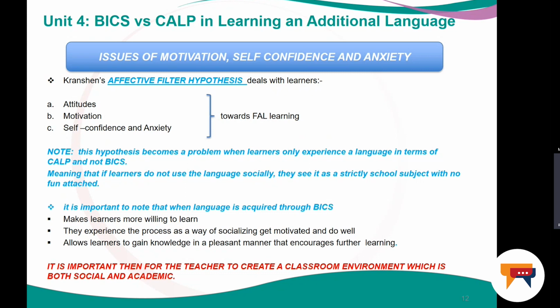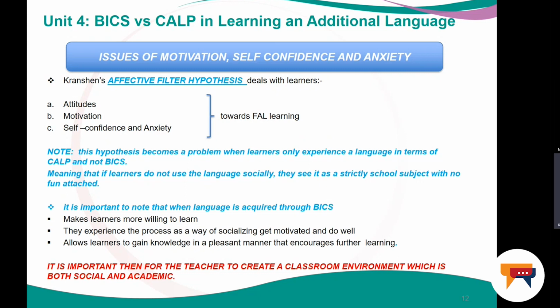This hypothesis becomes a problem when learners only experience a language in terms of CALP, not BICS. Do you see how we have connected both the Cummins and the Krashen theories? What is CALP and what is BICS?